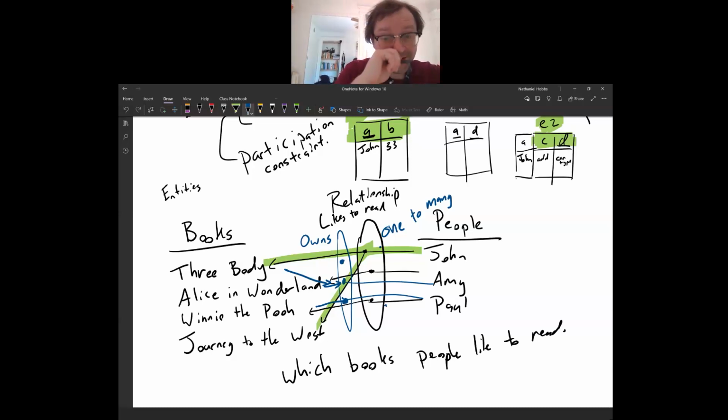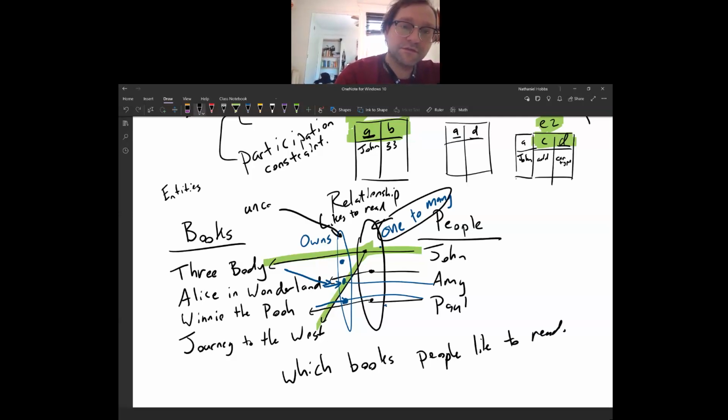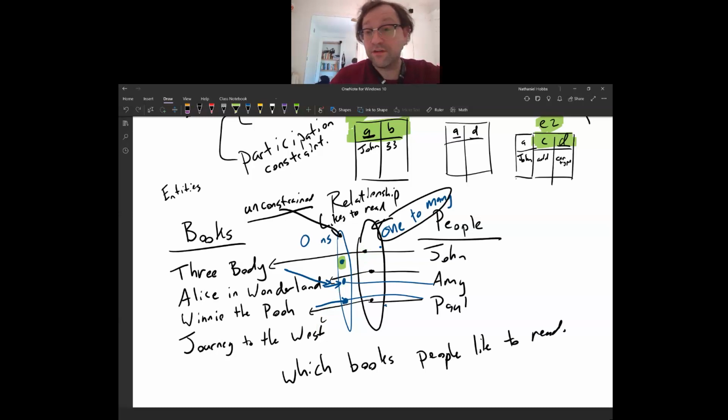For the others, this is unconstrained. This is unconstrained because you can have a point with no input.